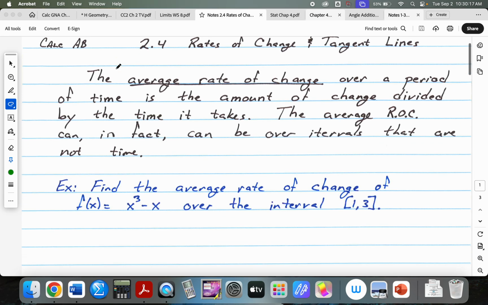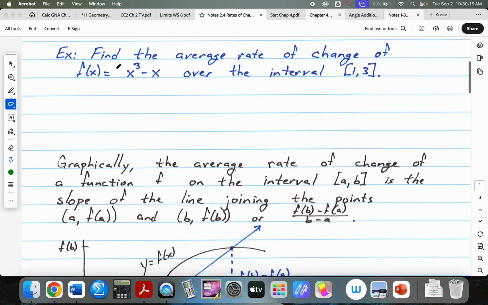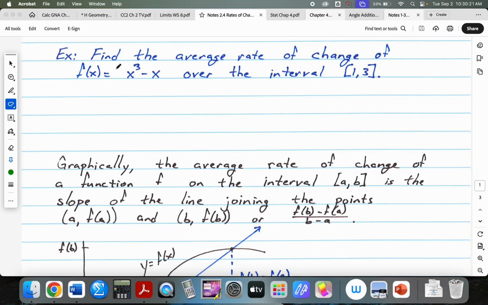let's take a look at this problem. Find the average rate of change of f of x, where f of x is x cubed minus x over the interval from 1 to 3. So the average rate of change is going to be the change in f, so that'll be f at 3 minus f at 1 over 3 minus 1.